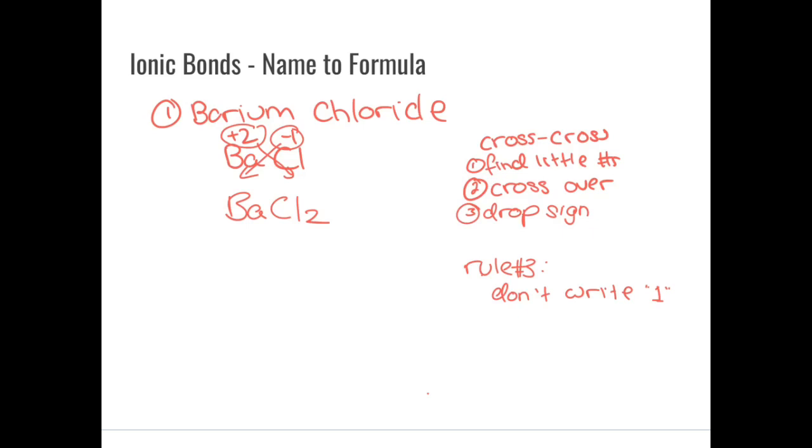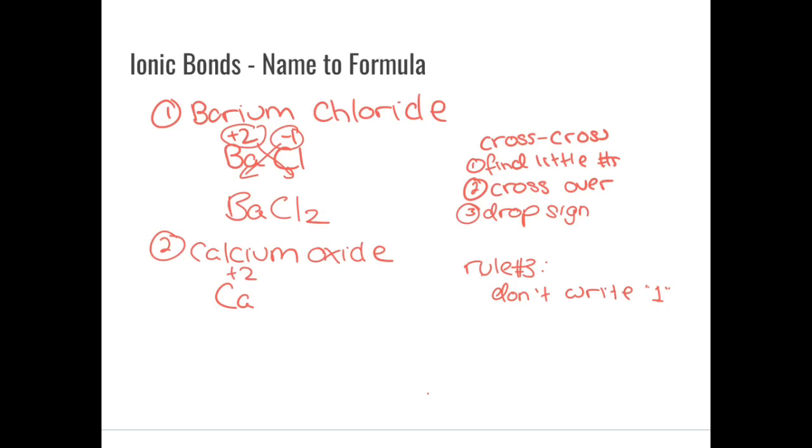All right, so let's do another one. Let's try calcium oxide. If you look for calcium, which I think is Ca, the little number on top is +2.